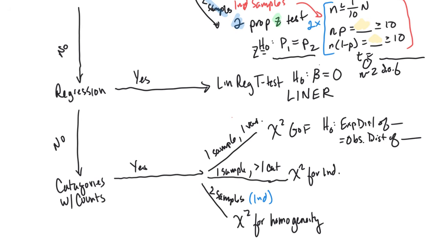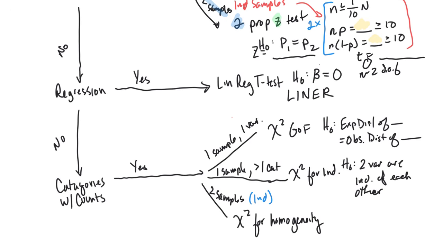For independence, the null is that those two variables you collected are independent of one another. So you could say how you got to work is independent of your age.